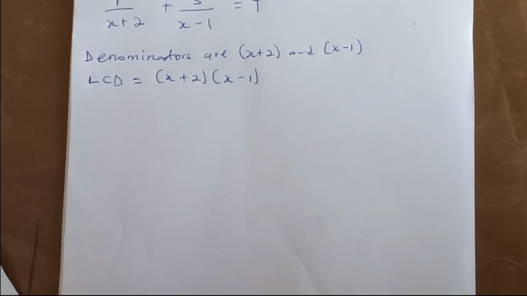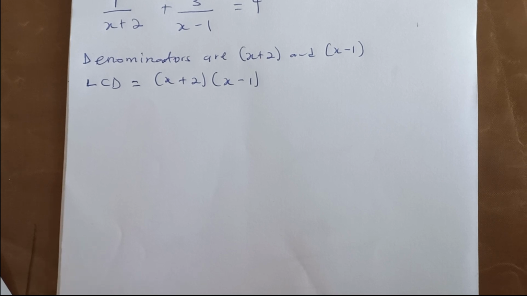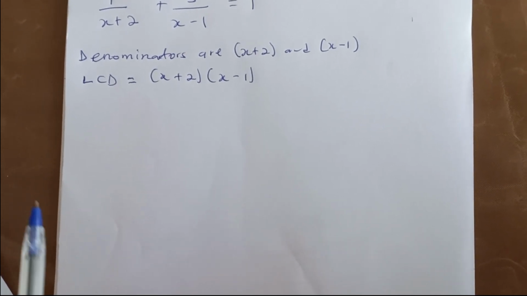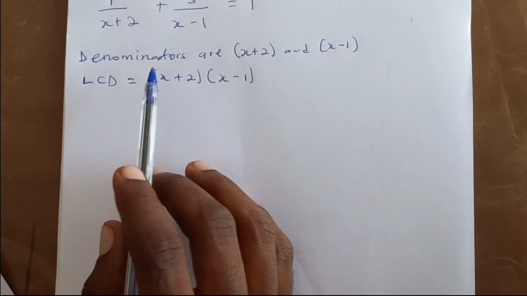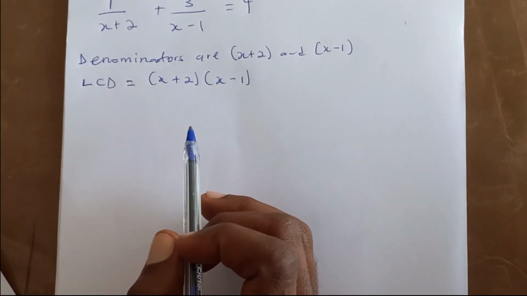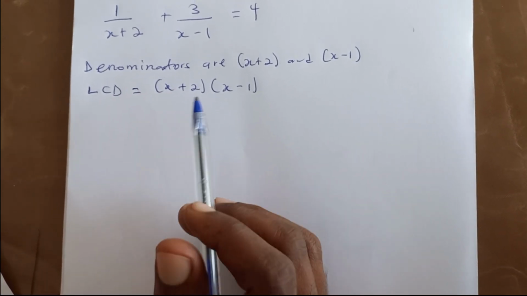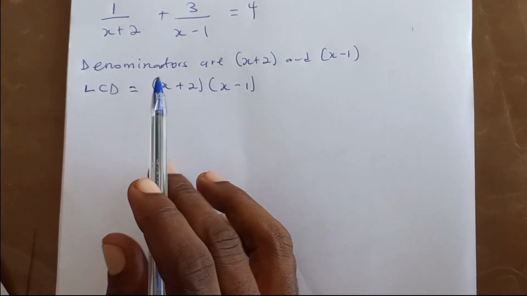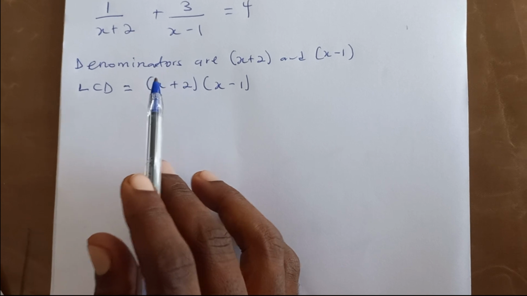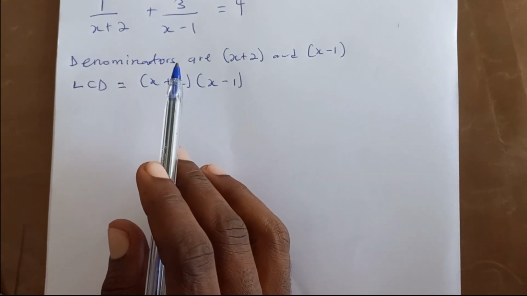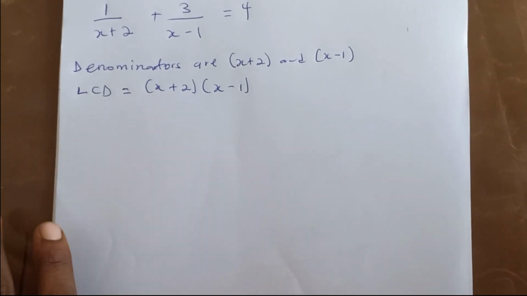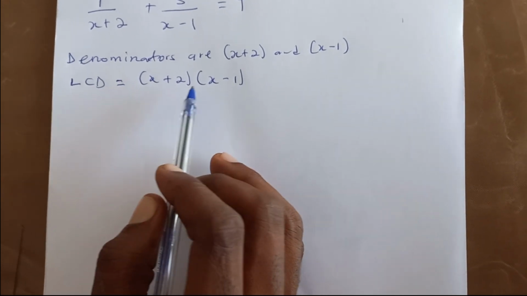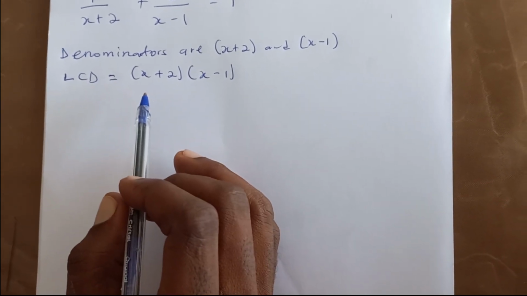We have differences in LCD and LCM. LCD is used when referring to the denominators in fractions, and LCM is used when referring to just the numbers. So when looking for a denominator, we use the term LCD in this case.